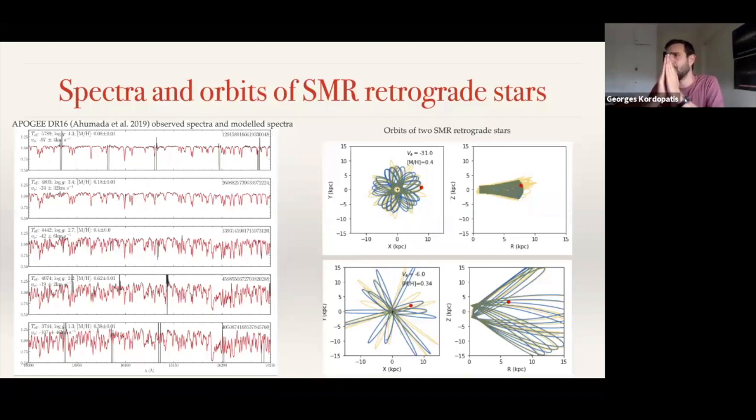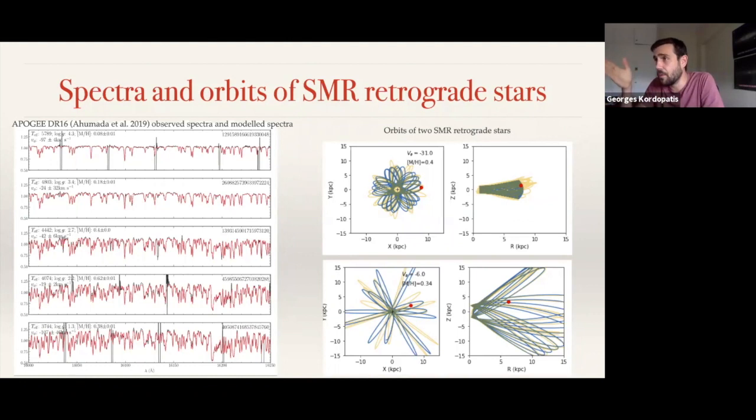You will start dynamically cold. All of the stars, let's say, will have the same velocity. And over time, because you will interact with the giant molecular clouds or the spiral arms, the velocity dispersion will open. However, the dispersion will increase by up to 20, 30 kilometers per second, up to 50, let's say.